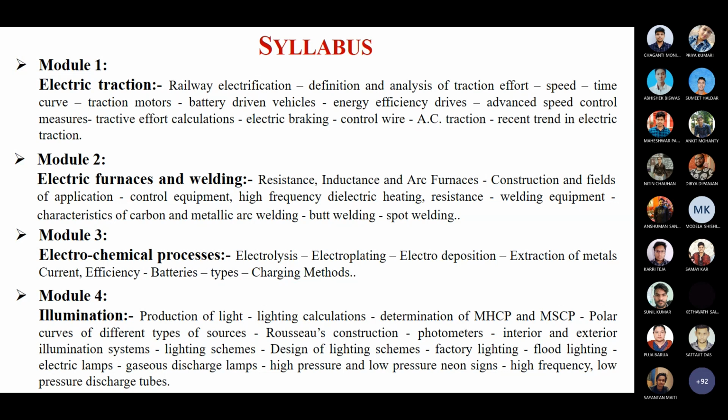Then their applications in different fields. Next module is your electrochemical process based on the electrolysis, electroplating, like that one. Applications, and final one is your illuminations. That module 4 is your illuminations.